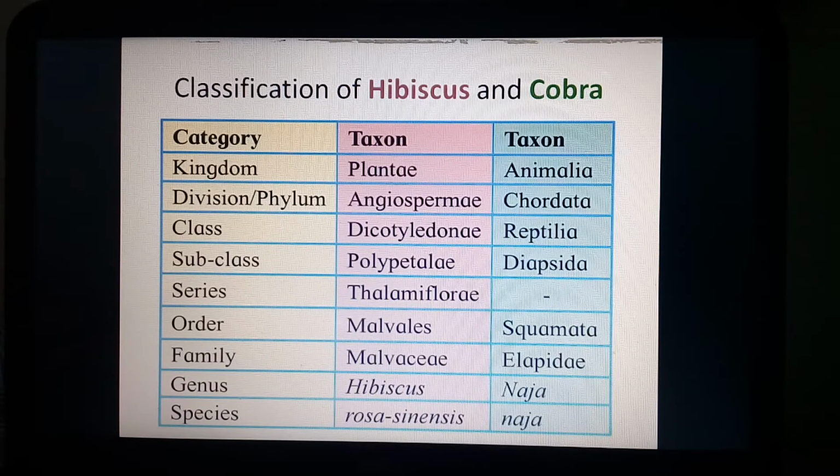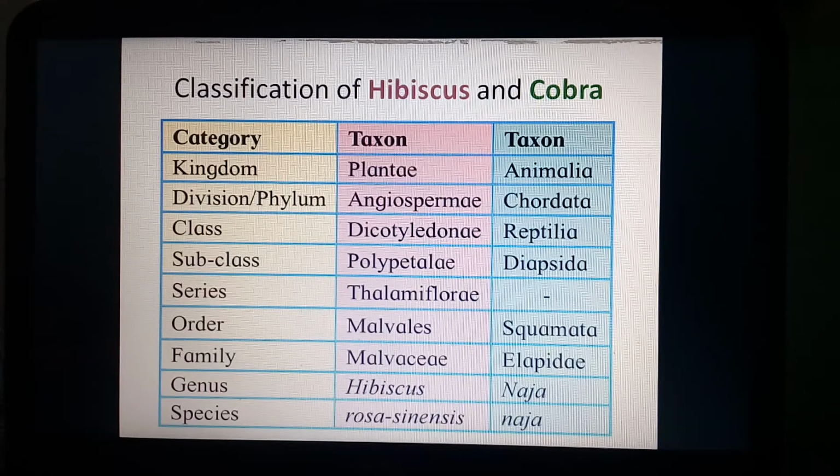Whenever we are going to take a scientific name of the plant as well as the animal, it is a binomial system of nomenclature. First name is the genus and second name is the species. So the first name, genus, of the cobra is Naja, and the second name, species, is also Naja.